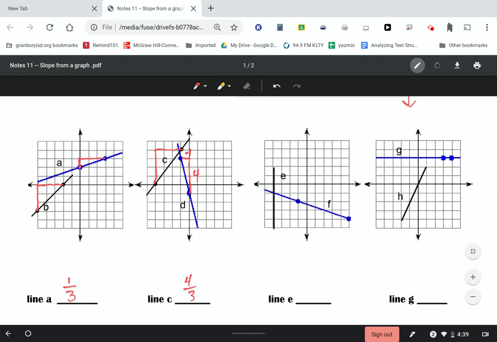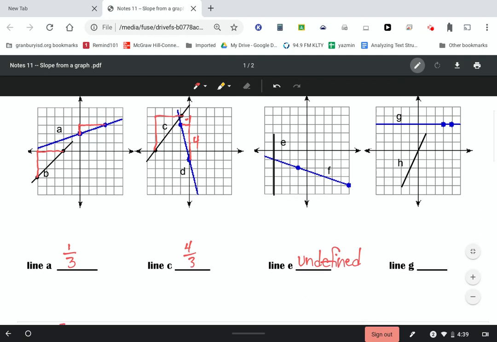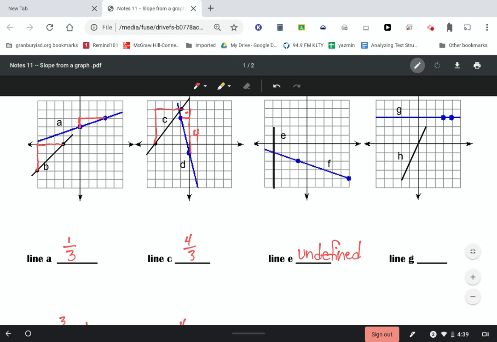Line E, this is a vertical line. So you remember up at the top, vertical line is undefined. And then let's take a look at letter F. Let's say I start with my top point here. So remember, it's rise over run. Well, I can't rise any, but it's a vertical movement over a horizontal movement.